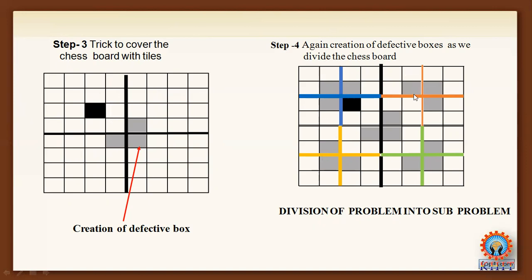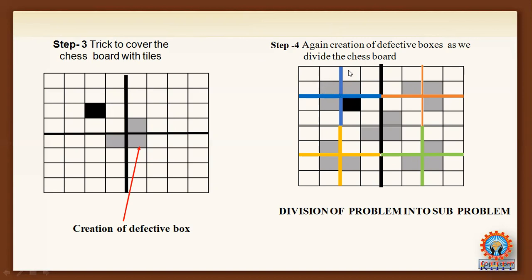Again, we create defective squares as we divide the chessboard. Here, consider this is one chessboard. If you consider this chessboard, there is no defective part available, so artificially we can create one defective square here.